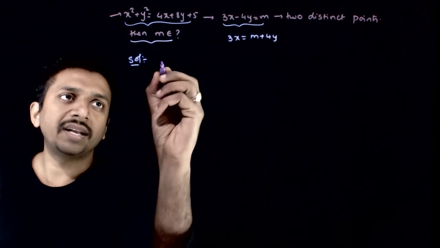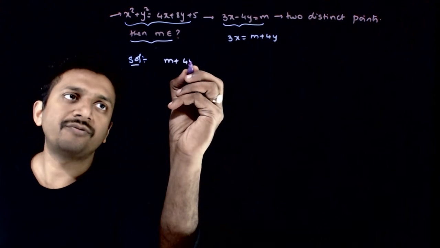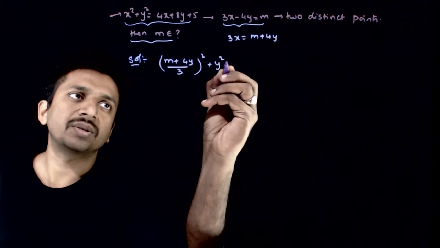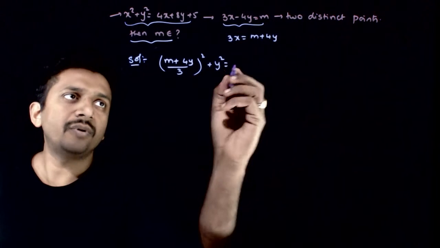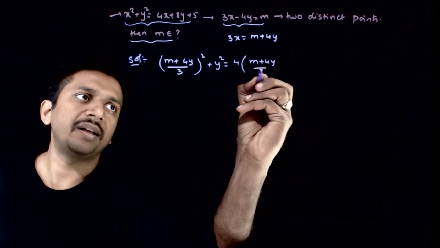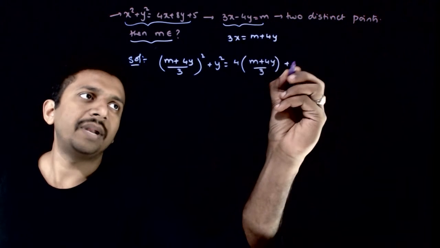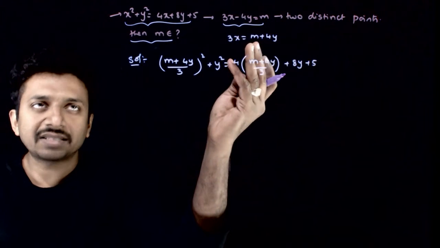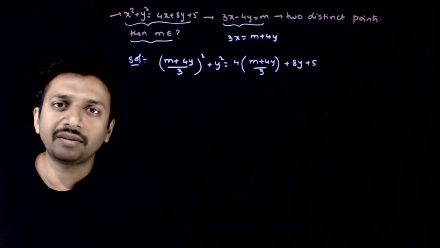So x² = ((m + 4y)/3)², and x² + y² = 4x + 8y − 5, that is 4 times (m + 4y)/3 + 8y − 5. So I have taken x and substituted it in the circle.